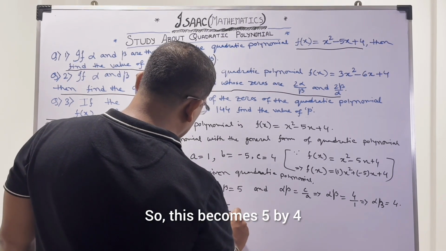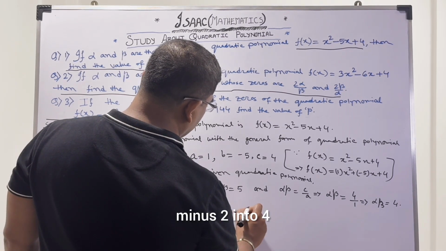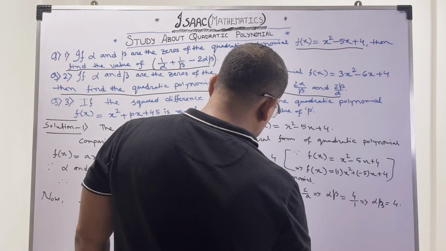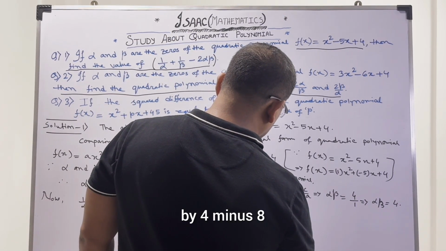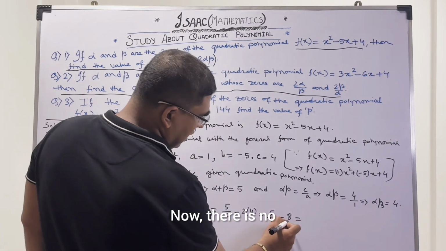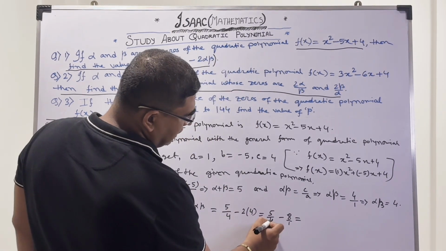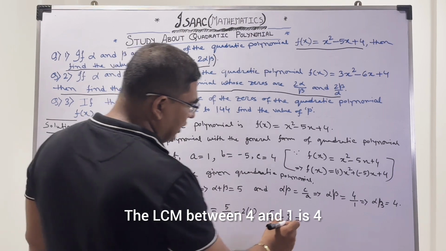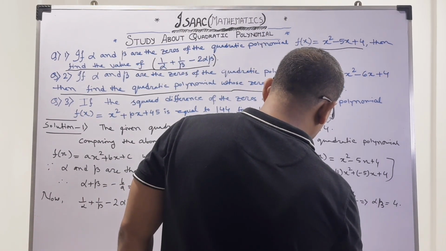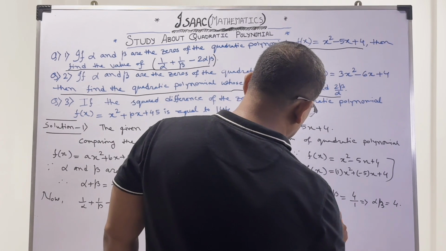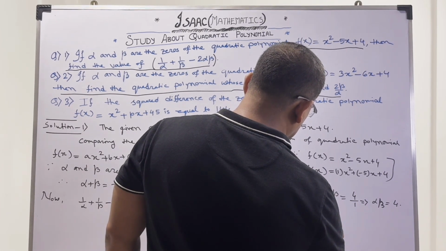So this becomes 5 by 4 minus 2 into 4. So this will give 5 by 4 minus 8. Now there is no denominator, means 1 is the denominator. The LCM between 4 and 1 is 4. So this is 5 minus 8 into 4, that is 32.